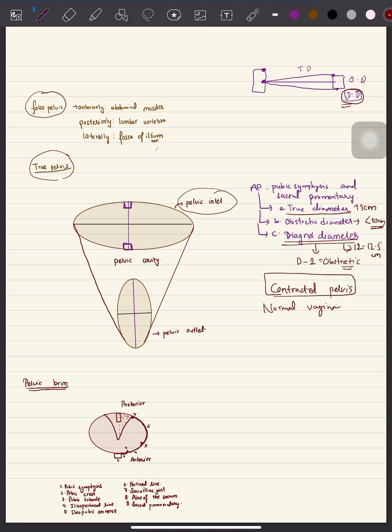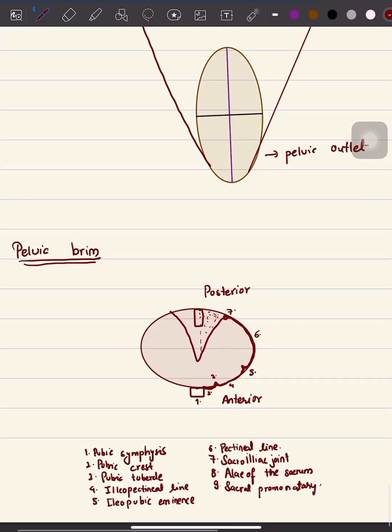That's it. Now when we talk about the transverse diameter, as I stated earlier, the pelvic inlet is somewhat equivalent to the pelvic brim. Anteriorly, the AP diameter is formed by the pubic symphysis and the sacral promontory.